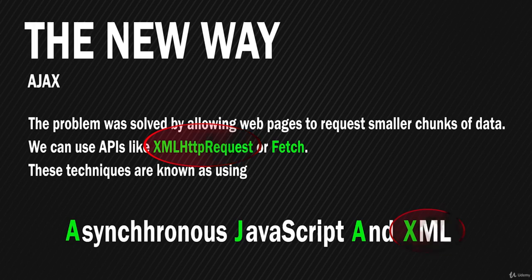But these days, don't stress about XML because you're more likely to use the same XMLHttpRequest object, or the Fetch API. Both of those, we're going to be using them to fetch JSON, not XML. XML is old school. But the result is still the same whether we fetch XML, HTML, JSON, or even plain text. And this is why the term Ajax has stuck around.